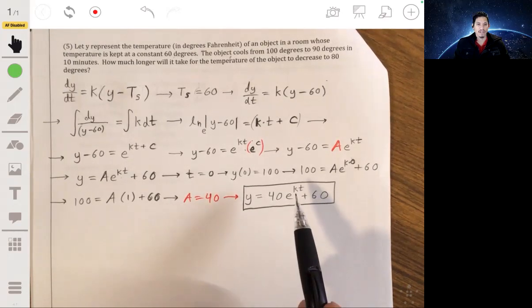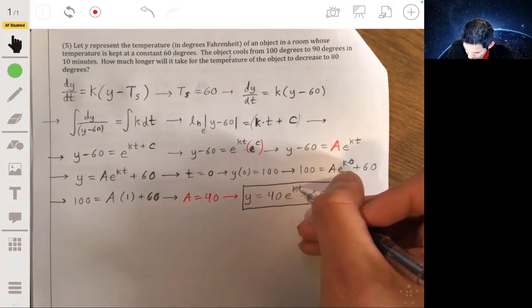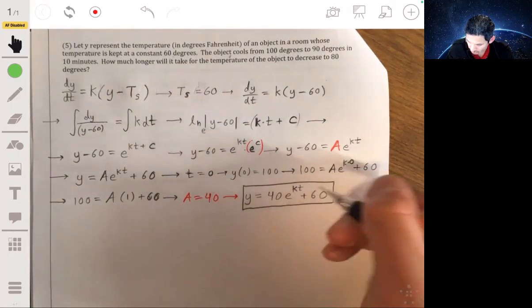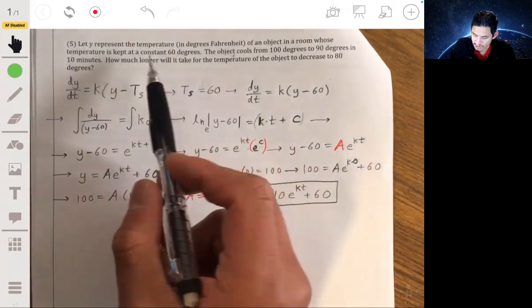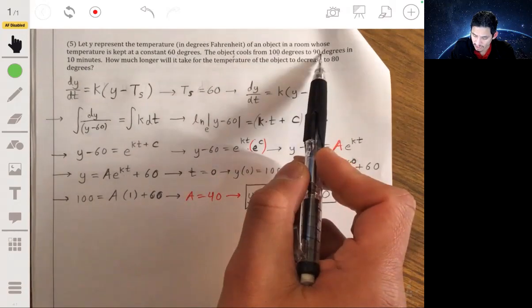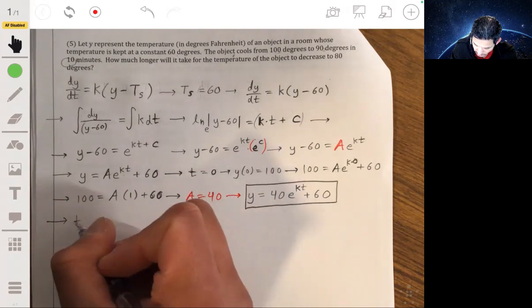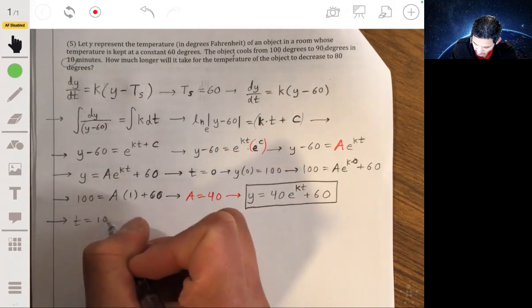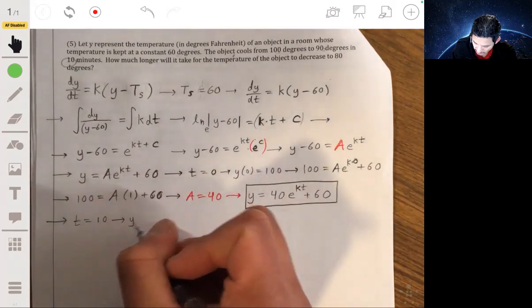Now we just find our value of k, our constant of proportionality, if I can pronounce it correctly. And we can figure that out by the other piece of information we're given. We're given that it cools from 100 degrees to 90 degrees in 10 minutes. So it's saying essentially when t is 10, y is 90, because y of 10 is 90.